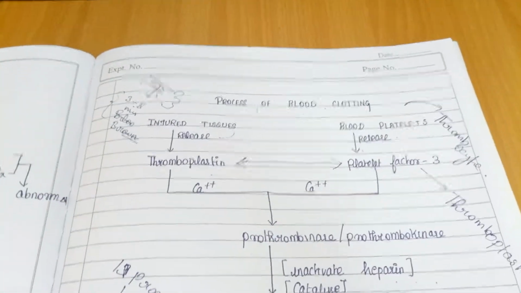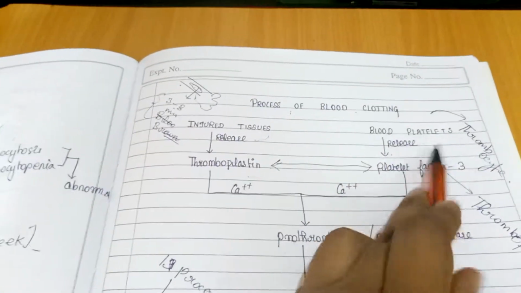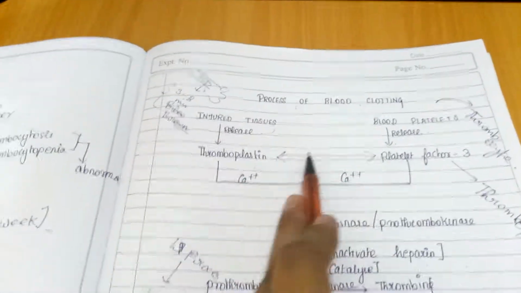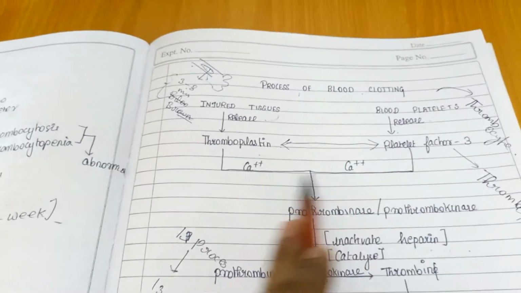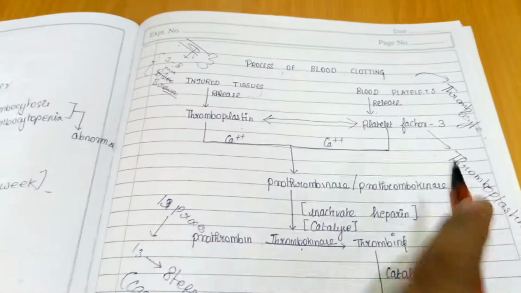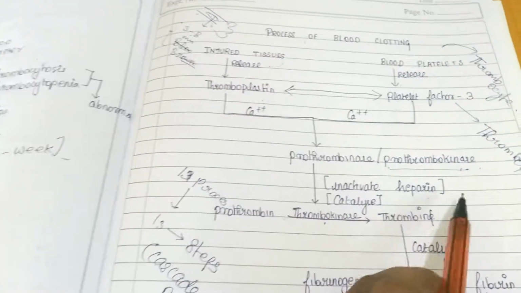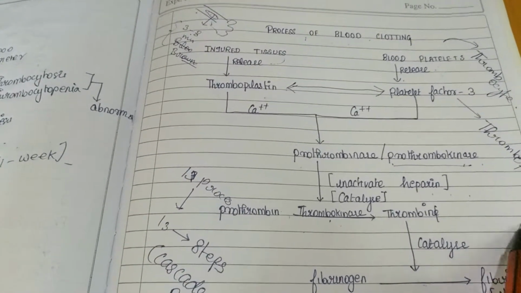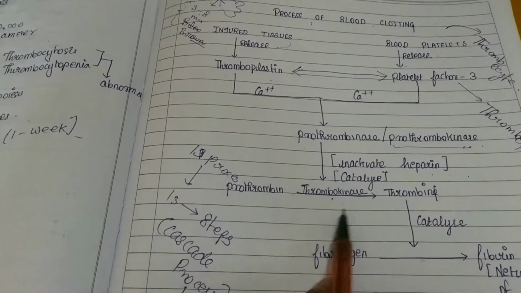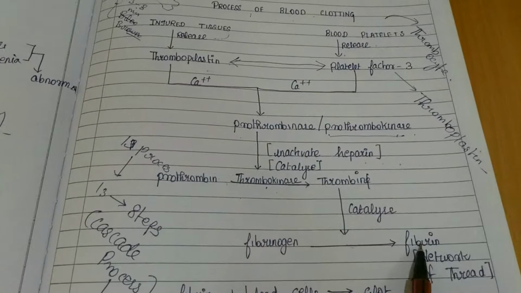So again, let us revise once. Process of blood clotting: injured tissues release thromboplastin, and the platelets in our body release platelet factor 3, which is nothing but thromboplastin, and they both release calcium ions, and this activates prothrombinase, also known as prothrombokinase, which is given as prothrombokinase in your NCERT, and this inactivates heparin, which is an anticoagulant, so that the coagulation of blood takes place easily, and it catalyzes the conversion of prothrombin into thrombin, catalyzed by an enzyme called thrombokinase, and this thrombin further catalyzes the conversion of fibrinogen to fibrin.